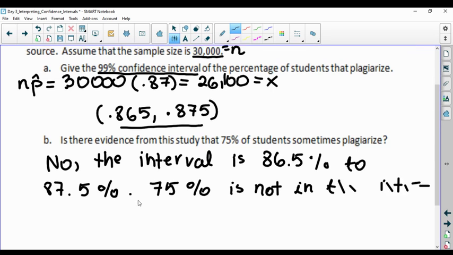Whoops, okay, my writing is not working very well, but hopefully you can understand what it says. 75% is not in the interval here, right?